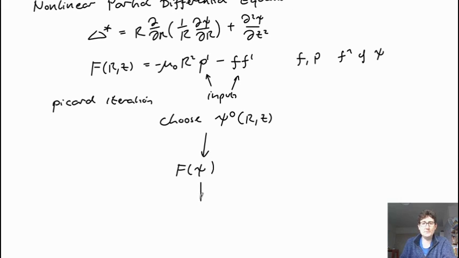And then once we have this, we can solve for the next one. So we have psi, and I'm going to label the index here as the iteration number, so this is n plus 1. We're going to solve this by inverting this operator, so we calculate this as the inverse, applied to the right-hand side, which is a function of psi n.